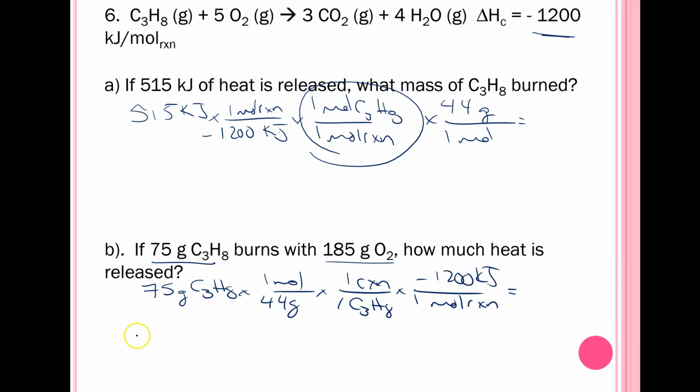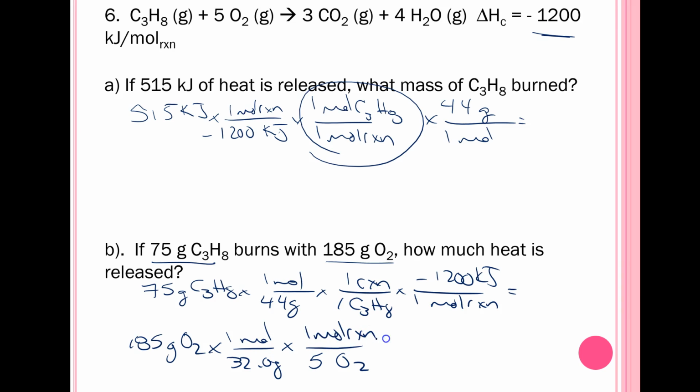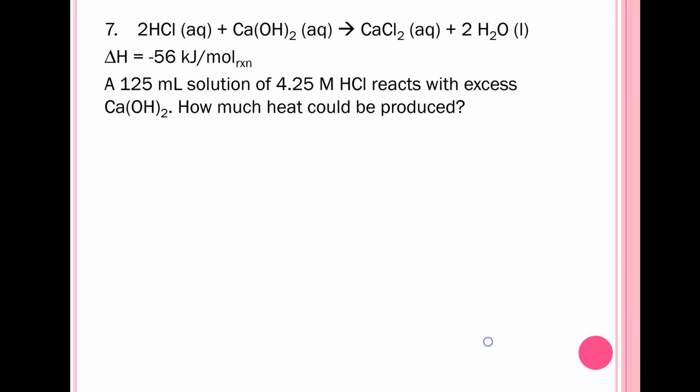I'm going to do the same thing with the oxygen, then I'll solve them. But then in the oxygen, it has a coefficient of 5 for 1 mole of reaction. And then 1 mole of reaction is negative 1200 kilojoules.